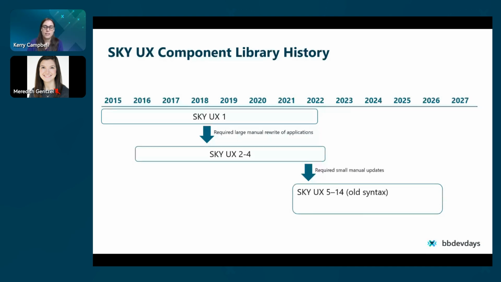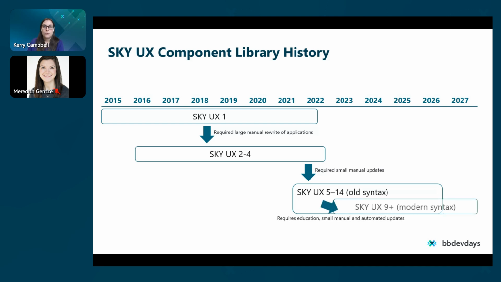Angular is the technical framework that we're built on top of, and it releases twice a year. SkyUX 5 was the first one built on, I'm not going to remember my numbers now, I think Angular 9. And we updated to utilizing Angular CLI. When SkyUX was originally built, there was no command line interface for Angular, so we had to homegrow our own. So we worked towards adopting that standard way of doing Angular development with the Angular CLI.